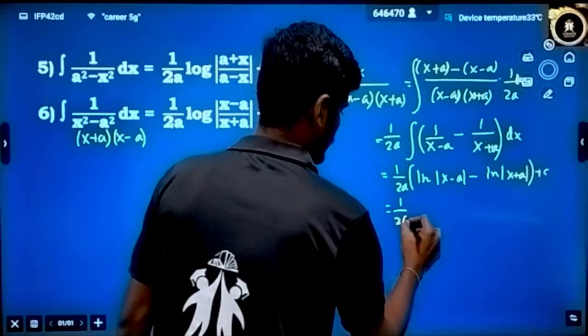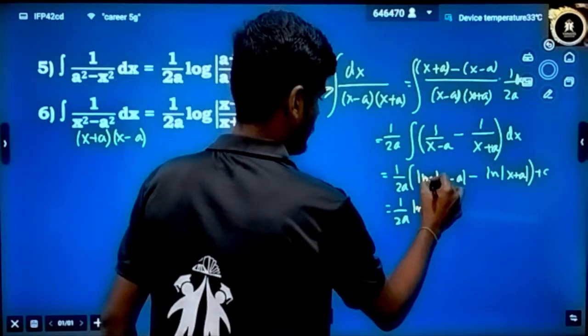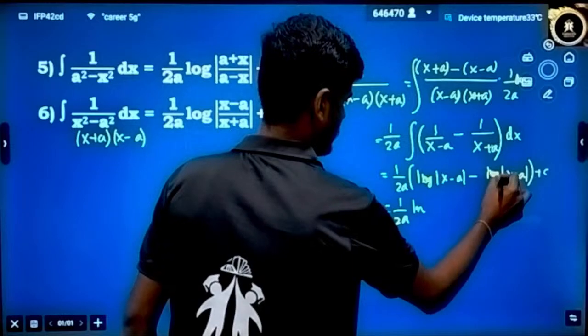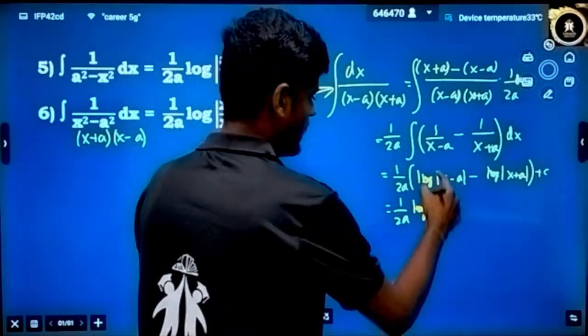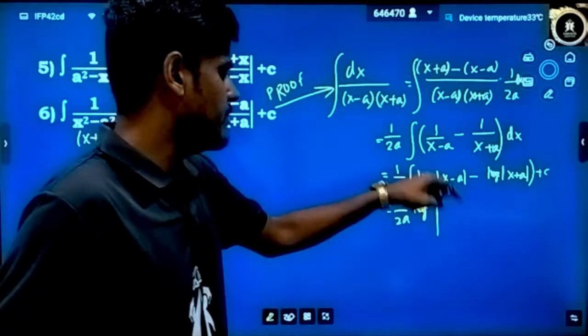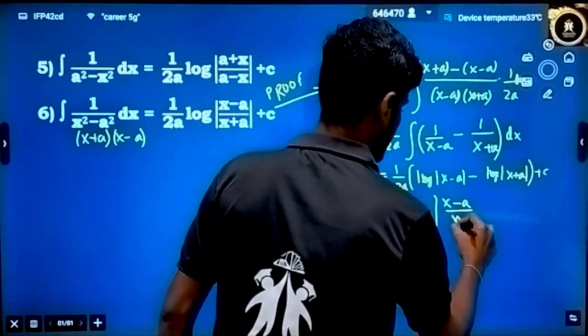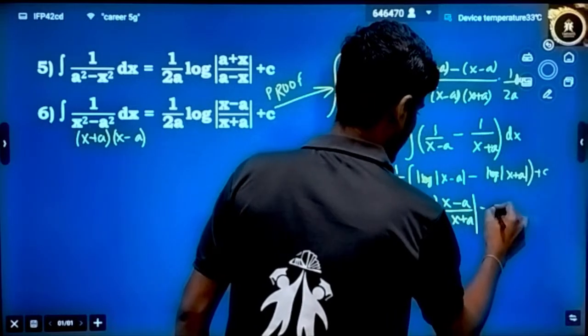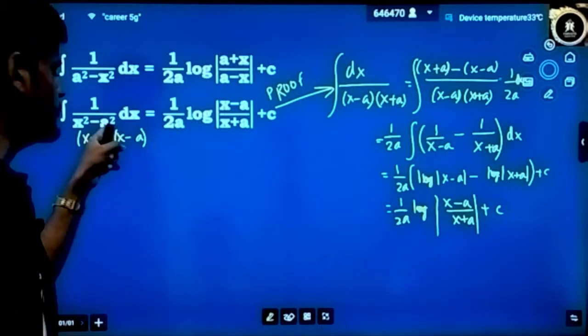This is equal to 1 by 2a of log of, ln means log. So log a minus log b is log a by b. So this will be log modulus x minus a by x plus a plus constant. This will be the result for this formula.